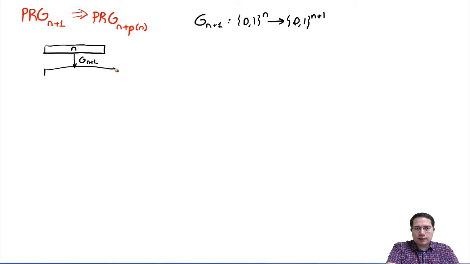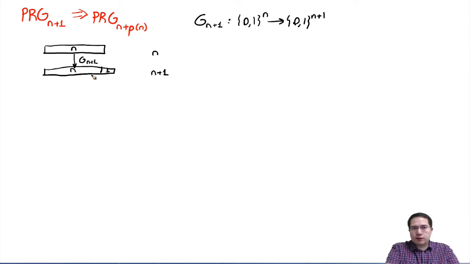It will give us n plus 1 bit output. So we start with n bits of randomness here, and we now have n plus 1 bits after running G_{n+1} once.